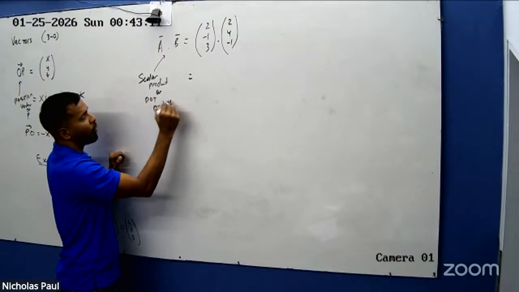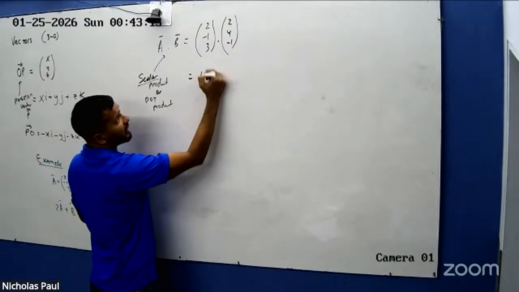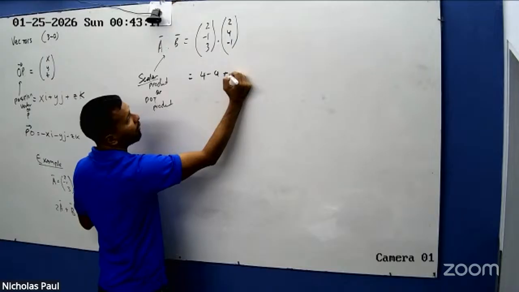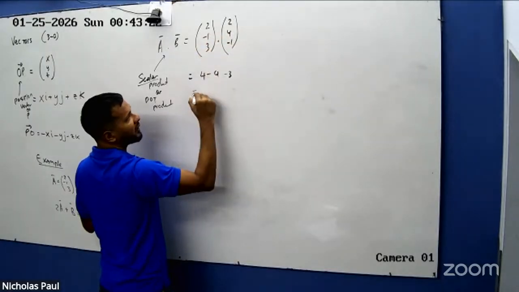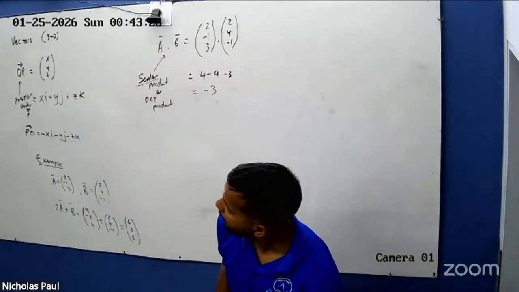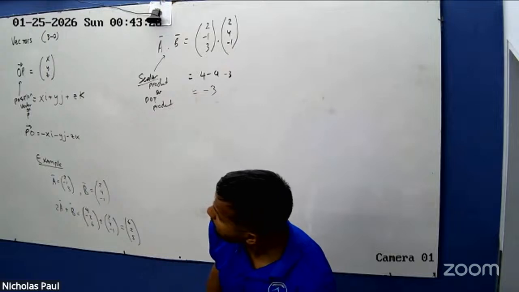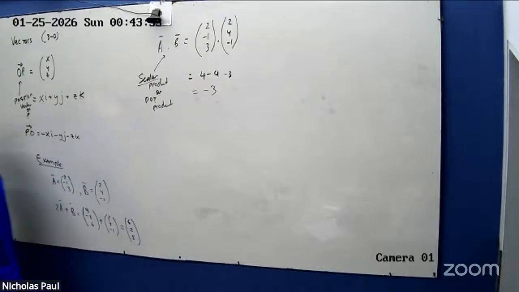So what that means is that we're going to get something scalar, right? So that's 4 plus minus 4 plus minus 3, and we'll get minus 3. Right? So that's the way we multiply vectors. Everybody okay with that? Nothing new except you have one more direction to deal with.